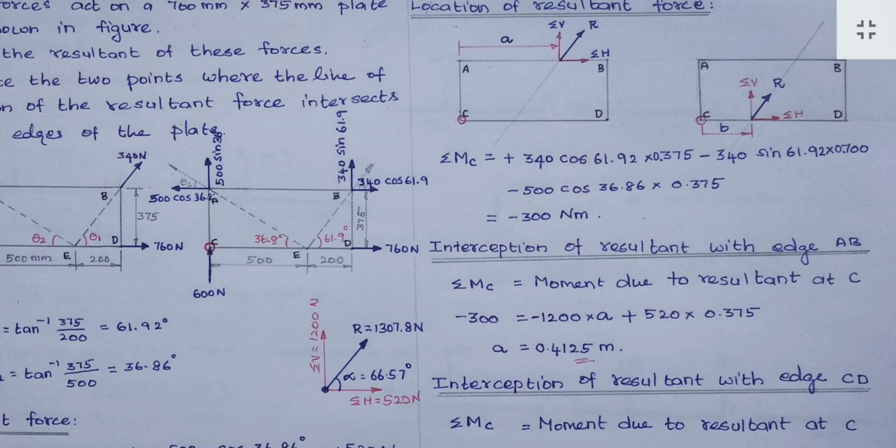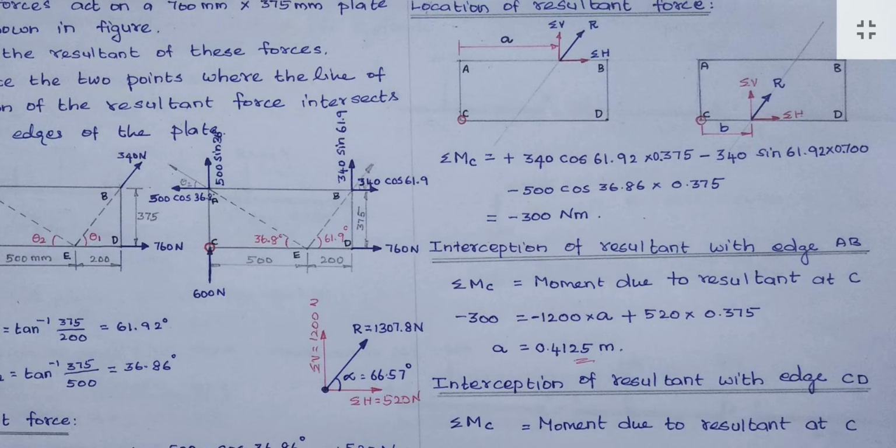Now consider this force, 340, this force. So we have to consider 6 forces. Here, you are holding the plate only at C, and with your right hand you are applying one horizontal force in this direction.